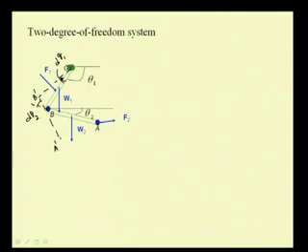So, we see that this system can be uniquely defined if we specify the two coordinates theta 1 and theta 2, and thus we call them as 2 degree of freedom system.